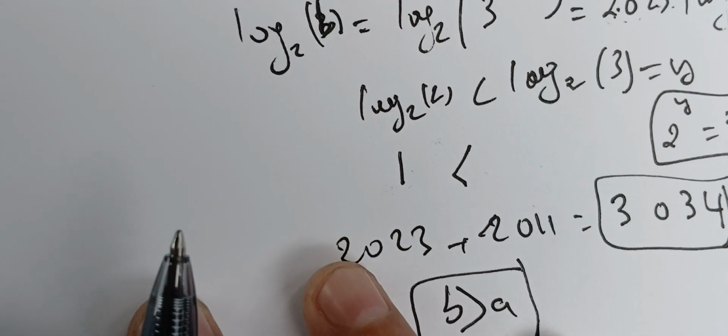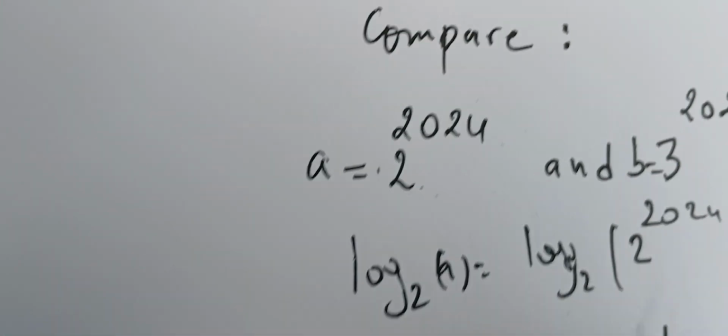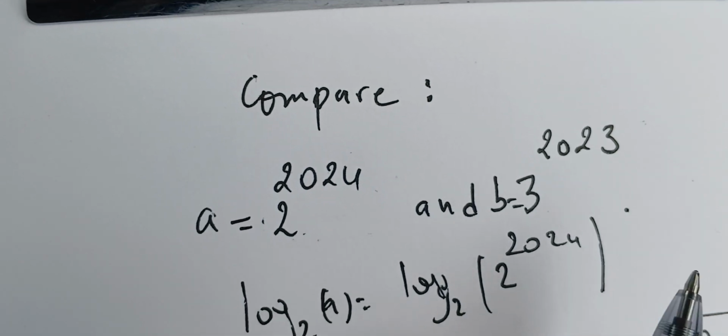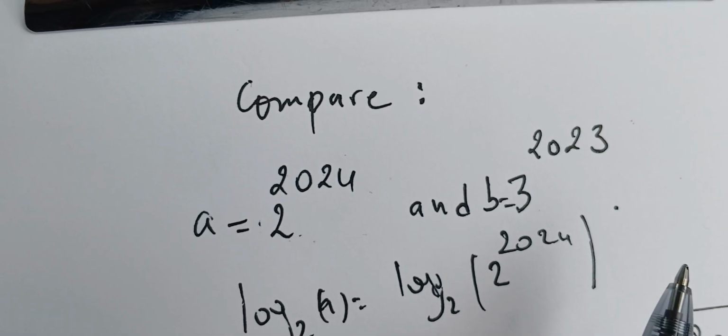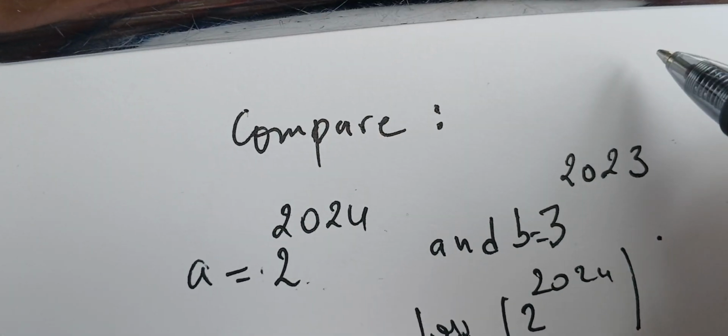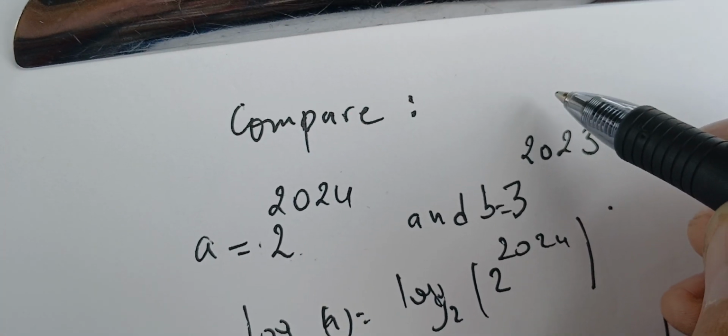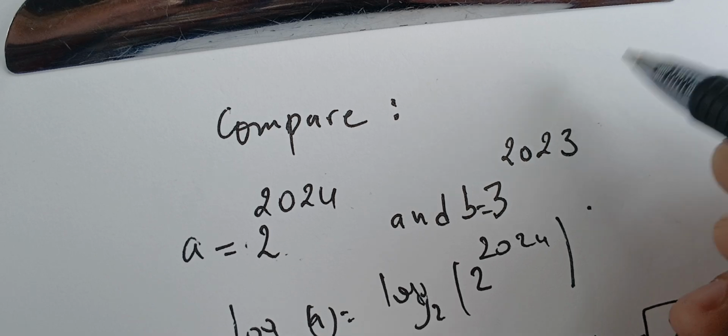Okay, so this is one way of solving this kind of question. Another thing that we can do is we can define two functions and see which one is changing.